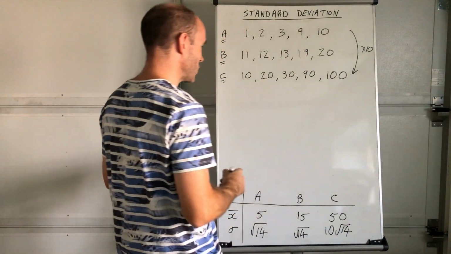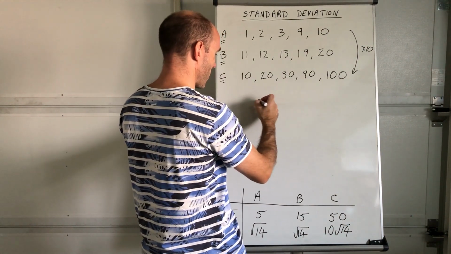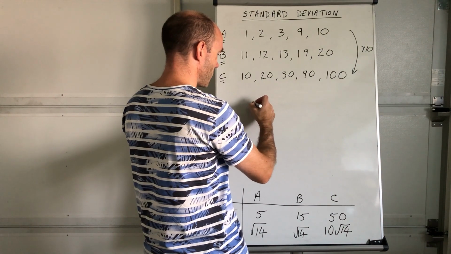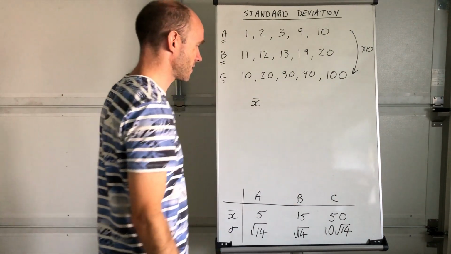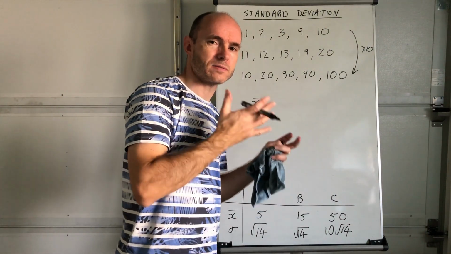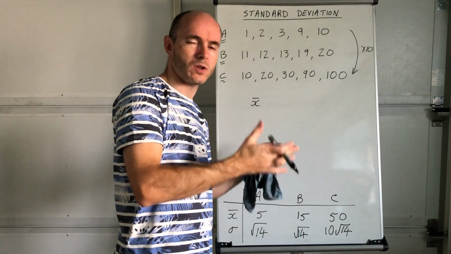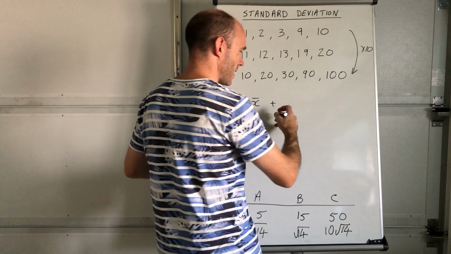So in general, if you've got a data set, and you say that the mean is x bar, if you add on a fixed number, a constant A, to each of the data values, your mean is also going to increase by that particular value.